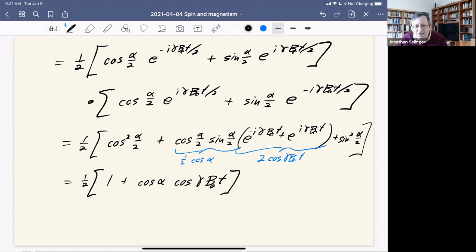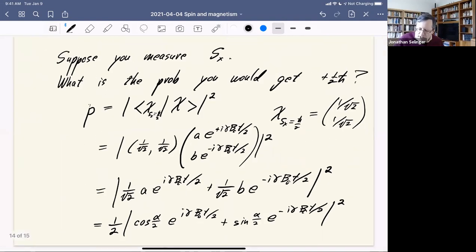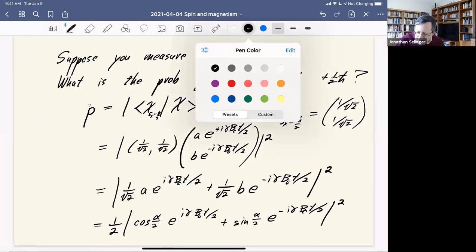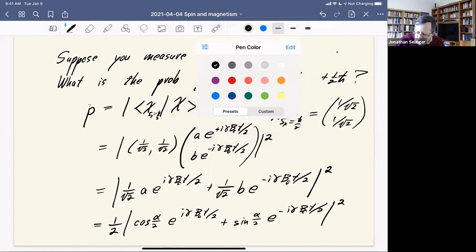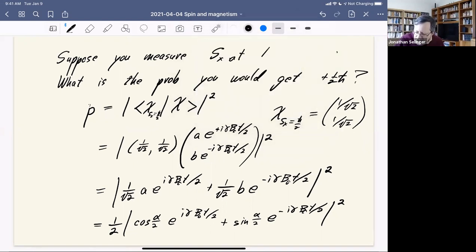Well, okay, I hope I got this right. I think I got it right. It makes sense, I guess. This probability depends on the time at which you make the measurement, right? And so if you make the measurement at a certain time, I should add that to the question. Oops. At time t.